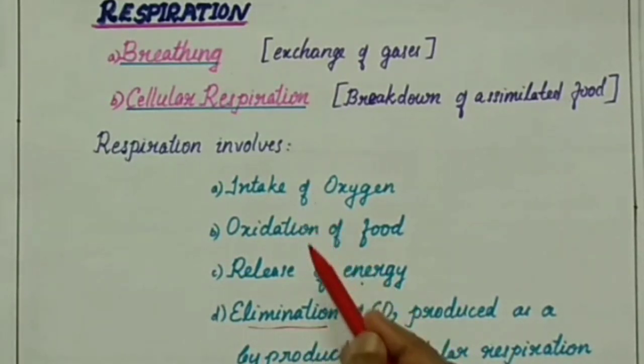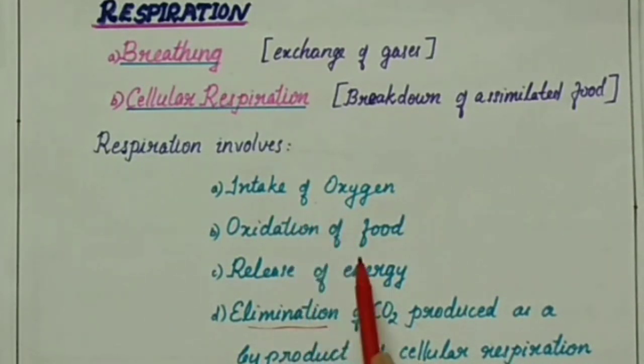So these are the steps that take place during respiration: intake of oxygen, oxidation of food, release of energy and elimination of carbon dioxide, that is the byproduct of cellular respiration.